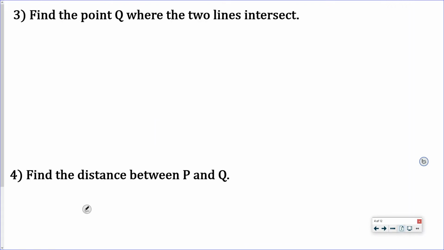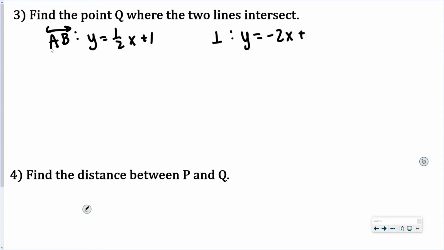So here's my two lines. We have line AB, which is y equals 1/2 x plus 1. And then we have the perpendicular line, which is y equals -2x plus 16. You've done this before in Algebra 1, but here's a little review.